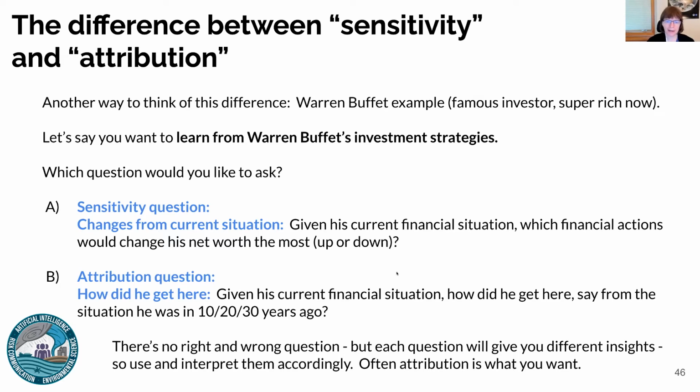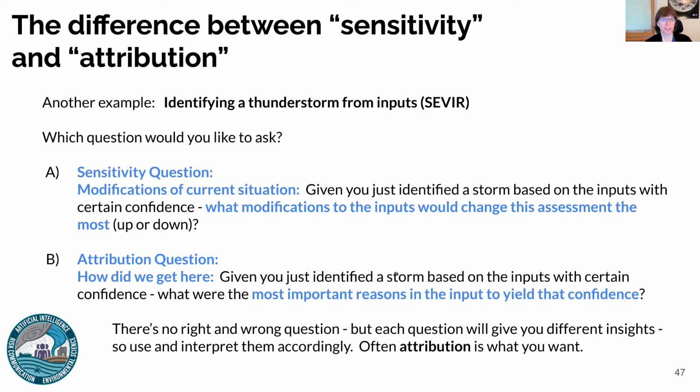To bring that back to an environmental science application, let's now think about the severe storms data set. And let's say you want to identify a thunderstorm from the input. So you're using the same inputs, but you're trying to identify a thunderstorm. Which question would you like to ask? The sensitivity question, again, is a modification of the current situation.